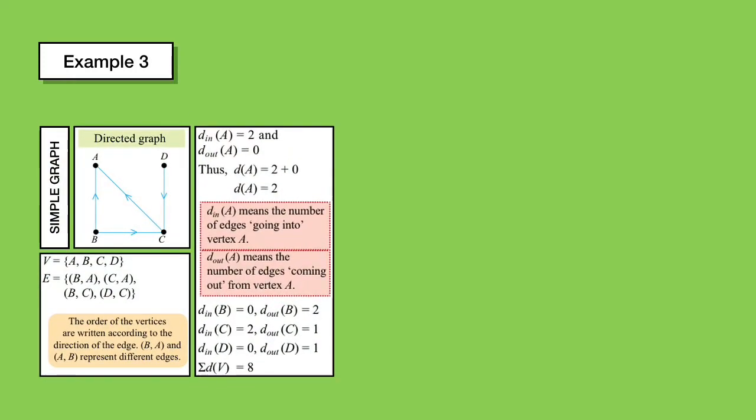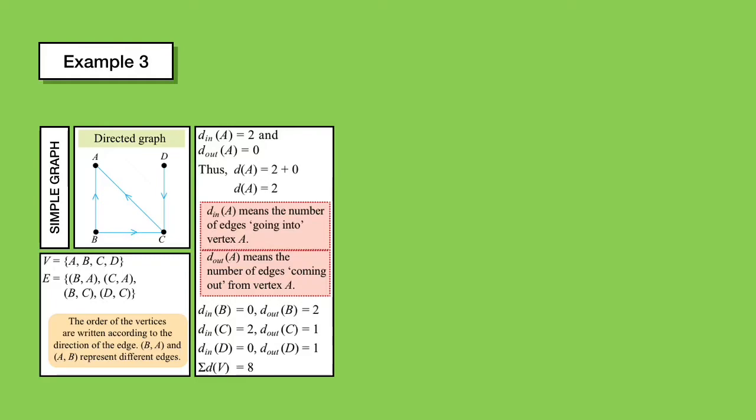Let's look at this example. For a simple graph which is directed, this is how you calculate the vertices, edges, and sum of degrees. Make sure you get the order of the edges correct. Also, take note of the degree in and degree out.